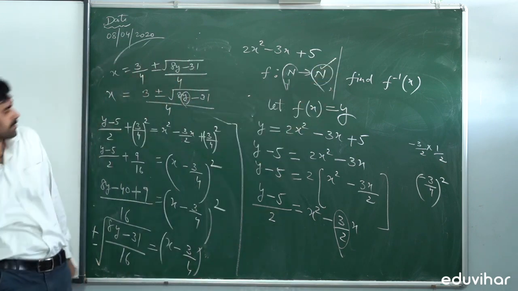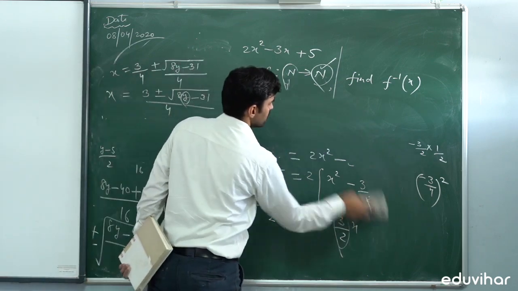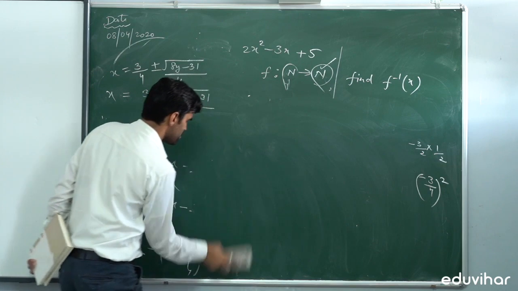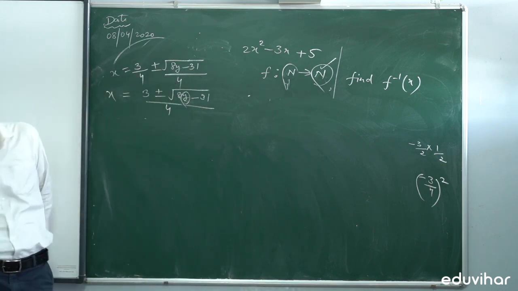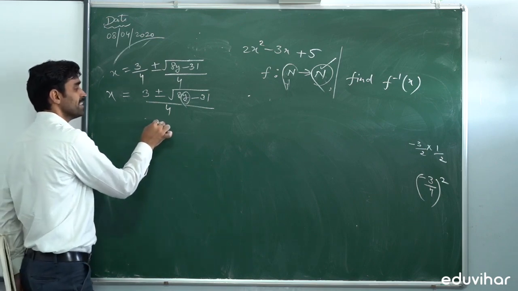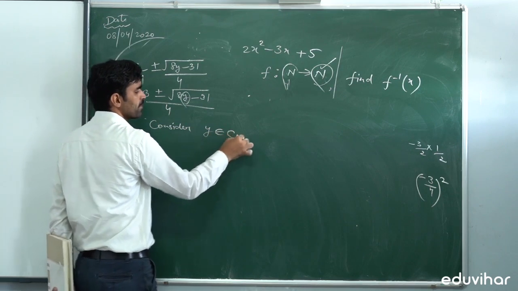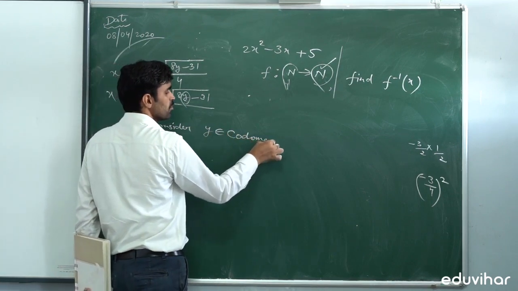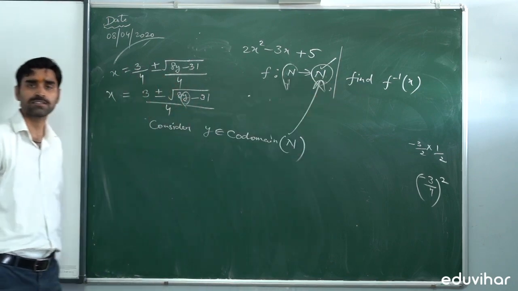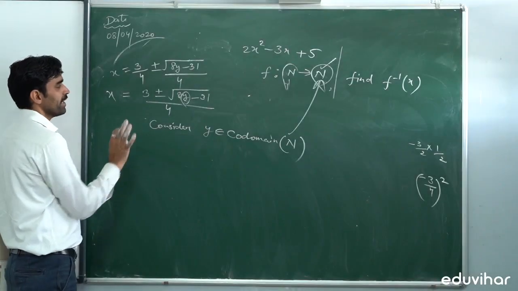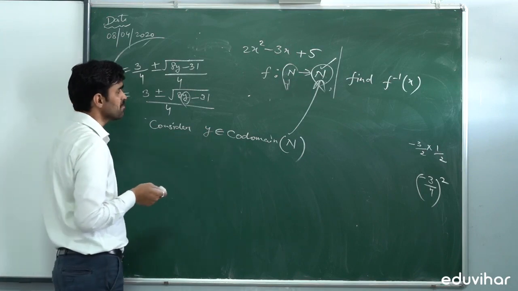Here I am dealing with onto function only. Consider y which belongs to codomain, that is, we are considering here the set of natural numbers.